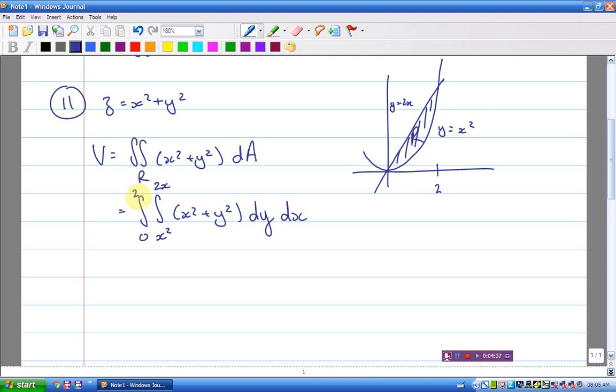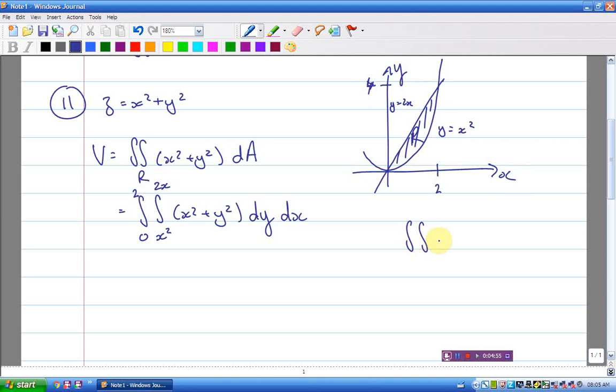You'd have to work out the intersection between those curves. It'll be (2, 4). That's y, that's x.